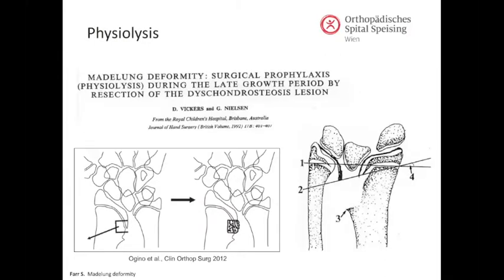With regards to the physiolysis, there's the classic paper of Vickers and Nielsen, and I'm pretty sure all of you know this paper, where you resect the obliterated physis. In the original report, there was fat interposition, which I regularly do not perform, and I have had good experience with that actually.